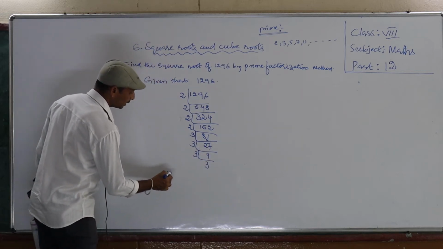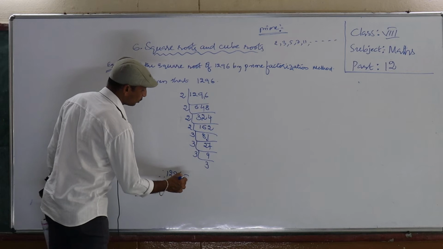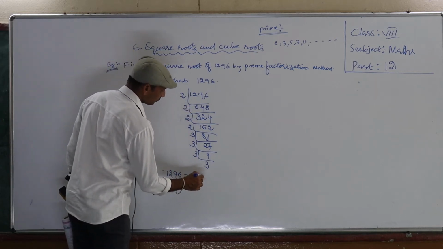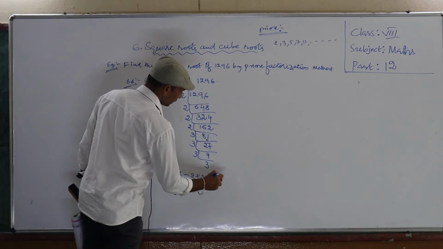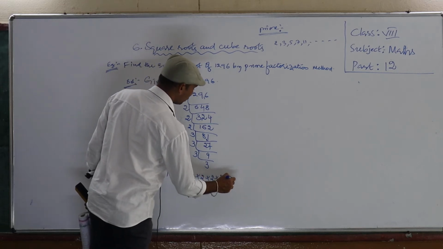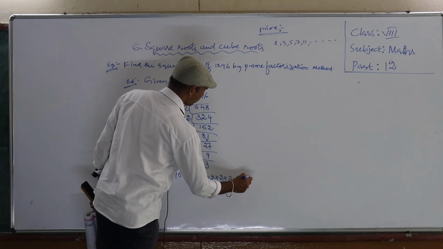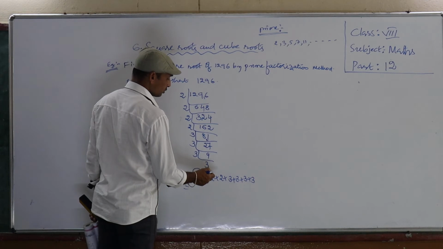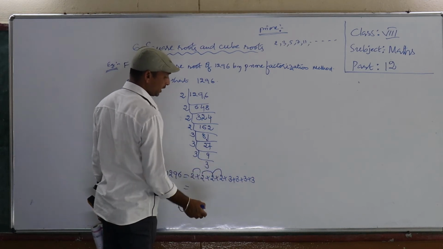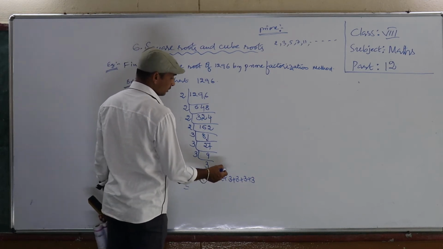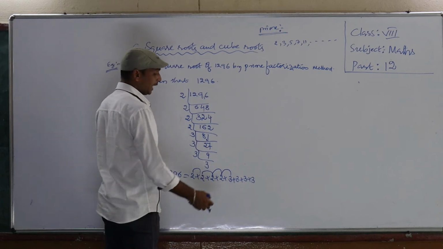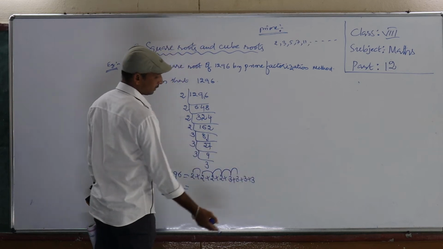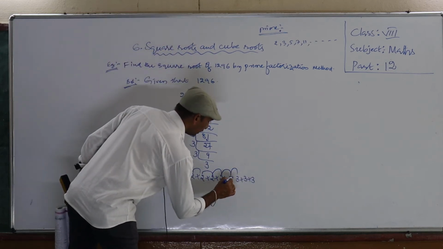So we can write 1296 is equal to 2 four times, and 3 also four times. 2 2s are 4, 4 2s are 8, 8 2s are 16, 16 3s are 48, 48 3s are 144, then if you multiply 3 and 3, this is the multiplication symbol, children, don't get confused.